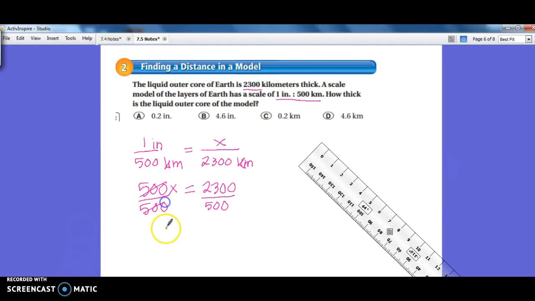And then x is going to equal, well, try it, 2,300 divided by 500 should give you 4.6.